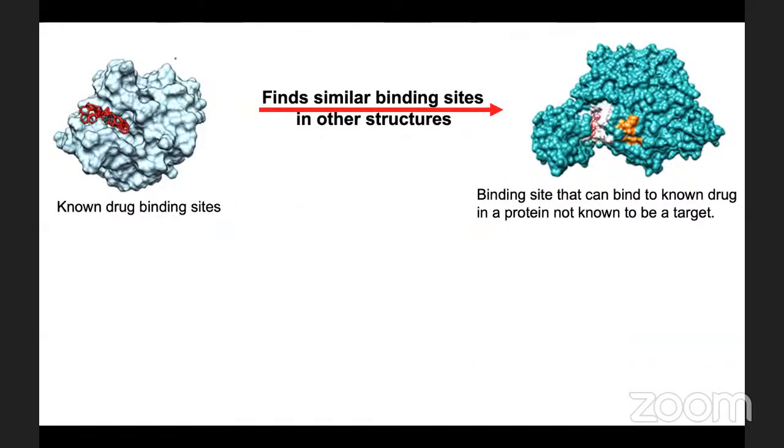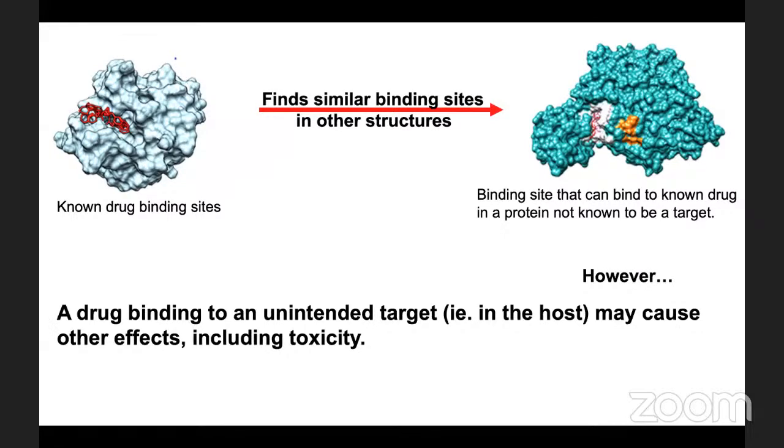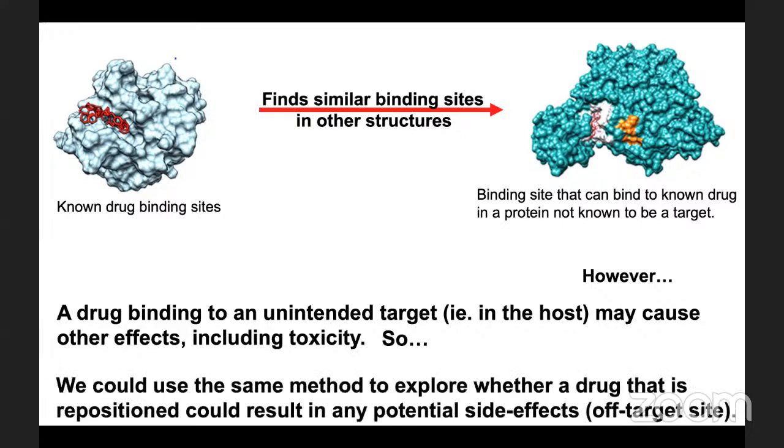Now, if we could find similar binding sites in other structures for the drug compounds, this also means that the drug could bind to an unintended target. So could this unintended binding cause toxicity or other side effects? In essence, we could use the same method to explore whether a drug that has been repositioned could result in any potential side effects at an off-target site.